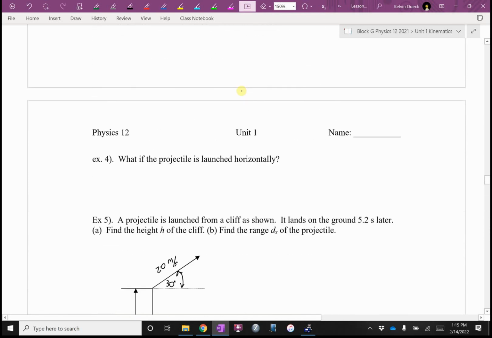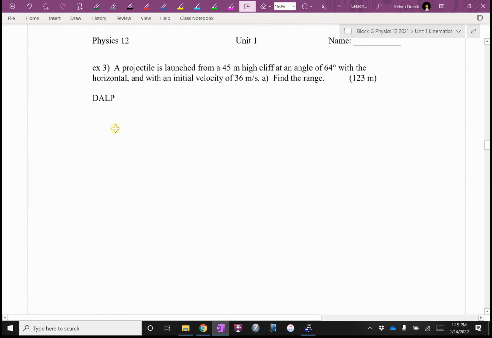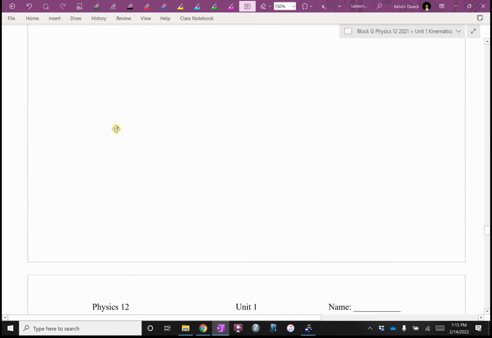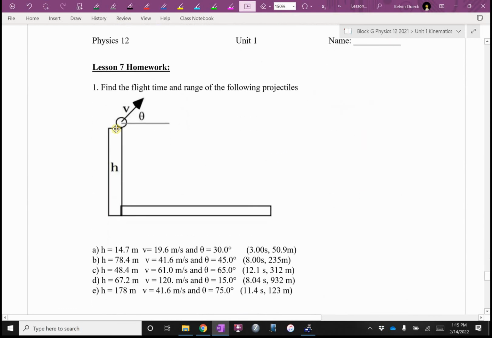Planning my attack here, I think what I'm going to do is pause temporarily and give you some cliffs at angles to practice. So if you want to get a head start on the homework, first of all, finish the stuff up from last day. But number 1 is good.